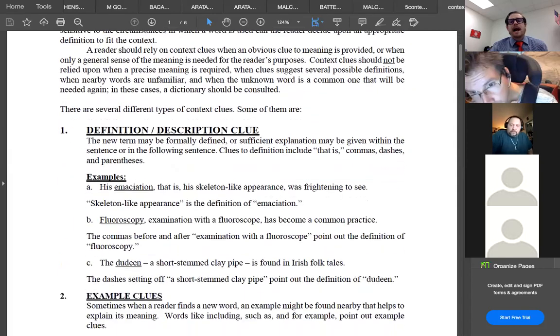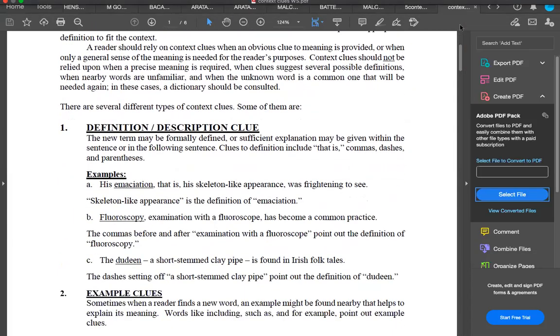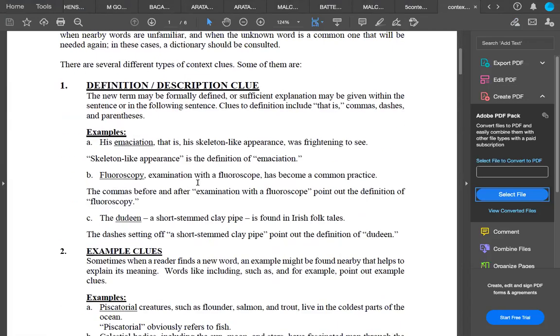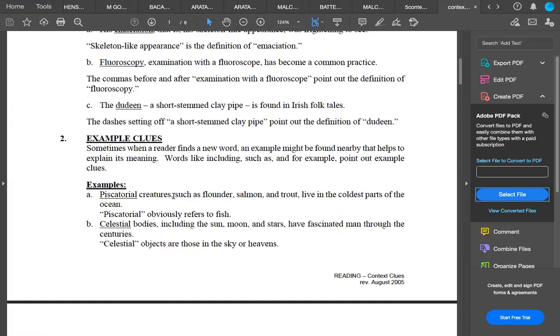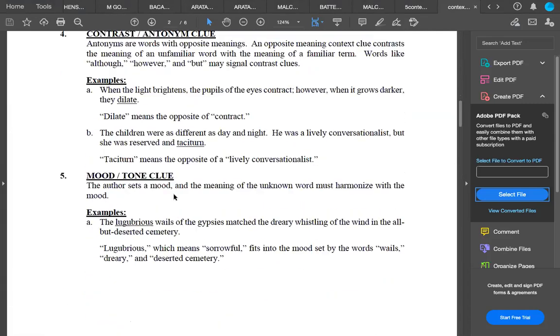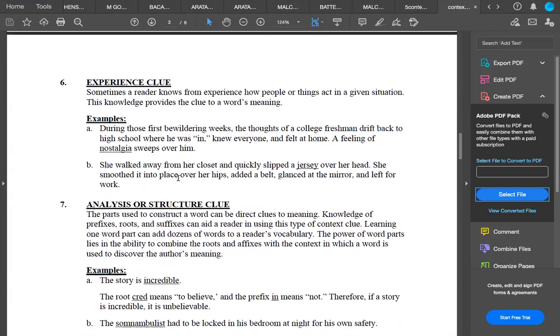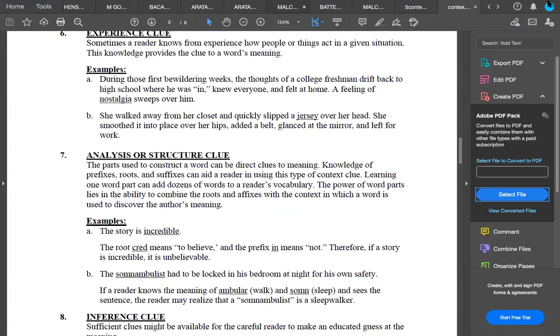You'll be getting a copy of this, which goes over context clues, what they are, what types they are, and how you can use them. I call these cheat sheets. I think they're good for utilizing when you're looking at iexcel.com.